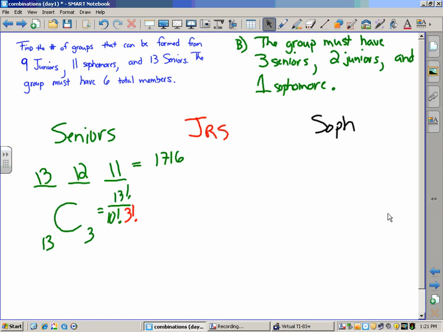Now that's the total number of ways that I could organize them, but we know that we then have to divide by the 6, the 3 factorial. So our final answer is 286 different ways to deal with just our seniors.